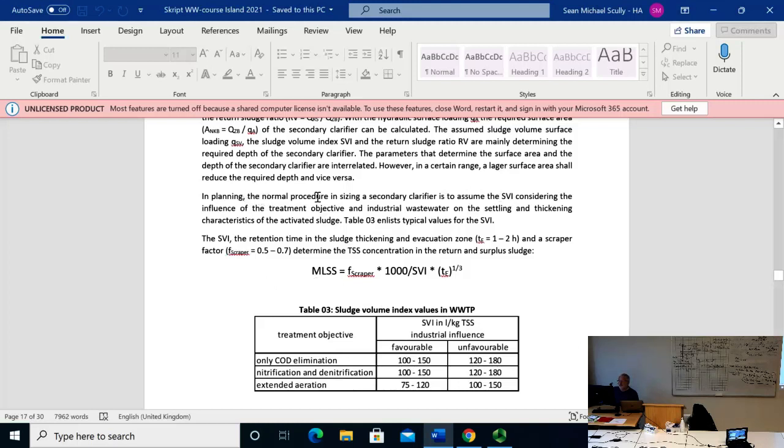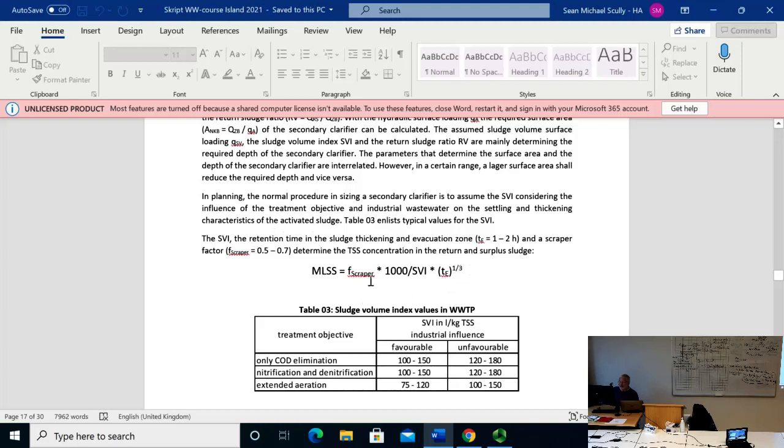So in planning, the normal procedure in sizing a secondary clarifier is to assume the sludge volume index, considering this influence. We have Table 3 with a list of typical values. The sludge volume index, the retention time in the sludge thickening and evacuation zone, 1 to 2 hours, and the scraper factor determine the TSS concentration in the return and surplus sludge.